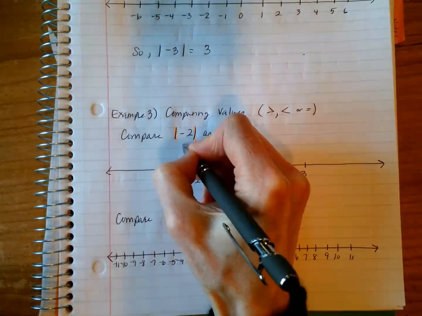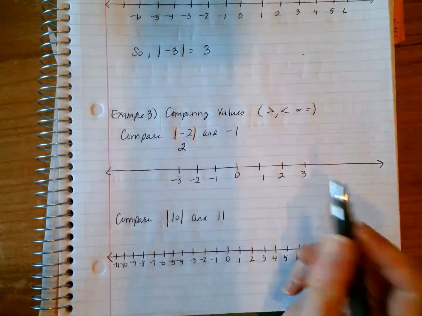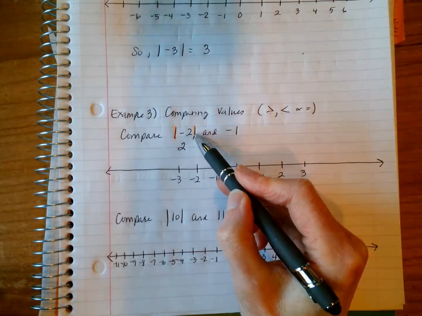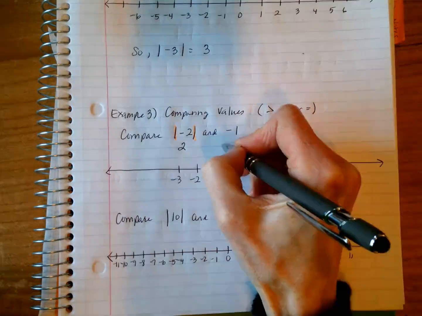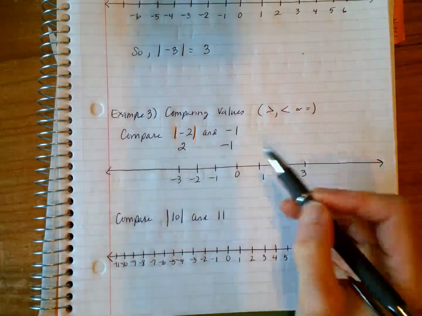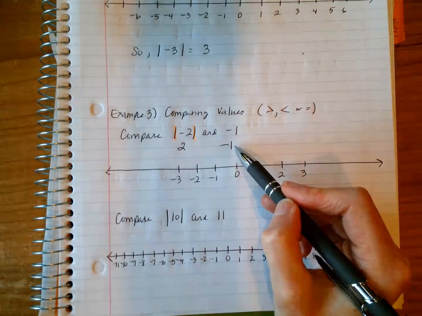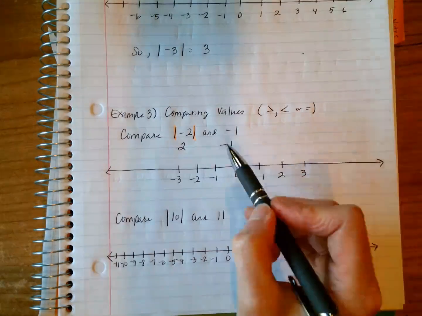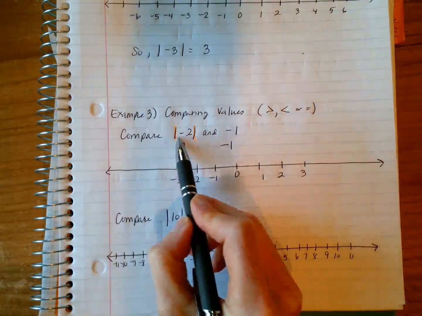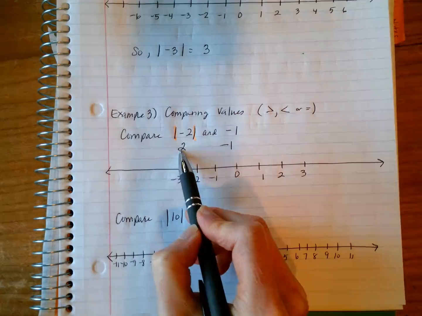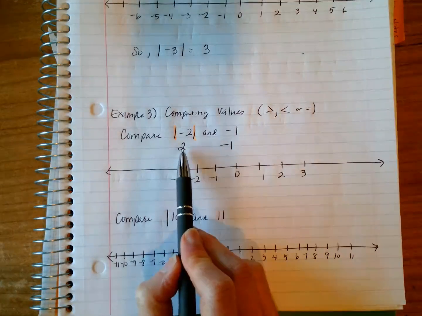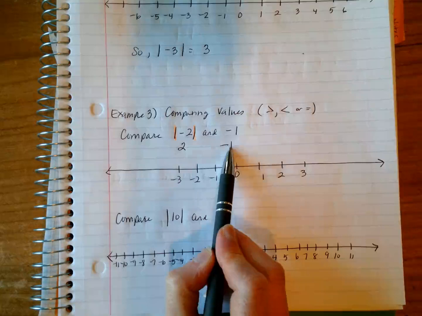So really, I'm comparing 2, because the absolute value of -2 is 2, to a -1. They're not asking for the absolute value of -1, so I am truly comparing -1 to the absolute value of -2, which is 2. So I'm really comparing +2 to -1.